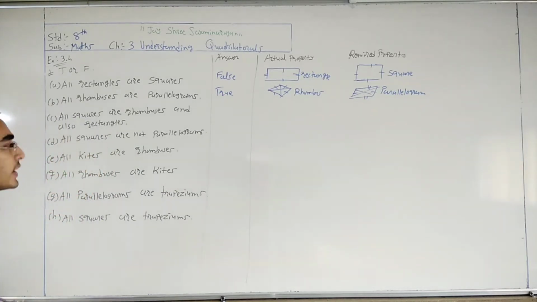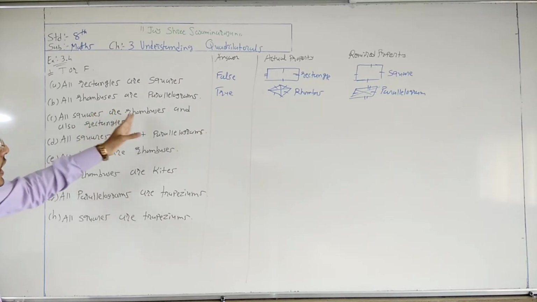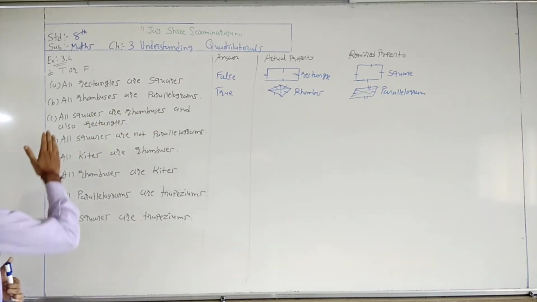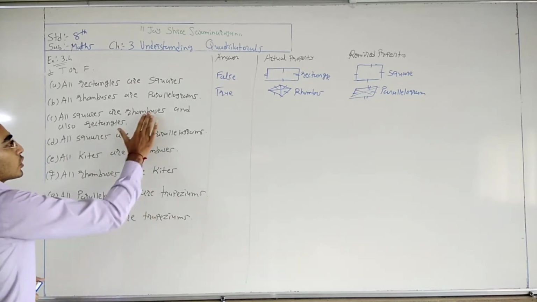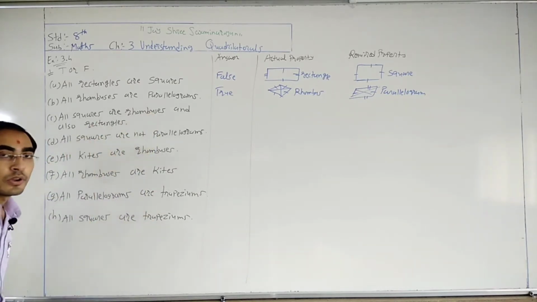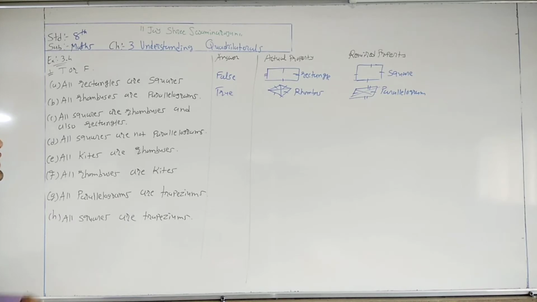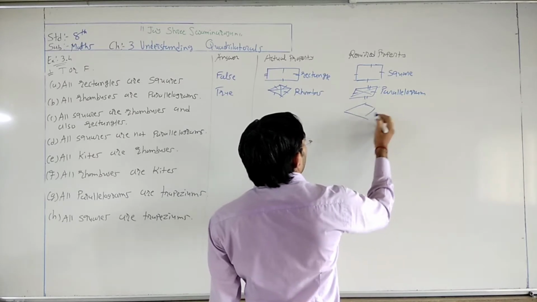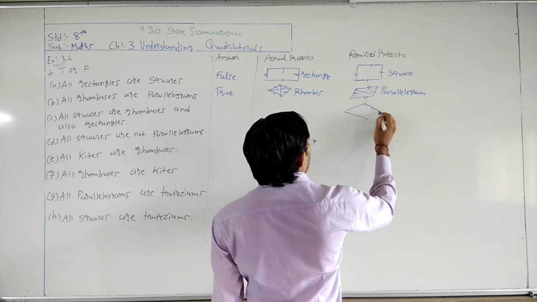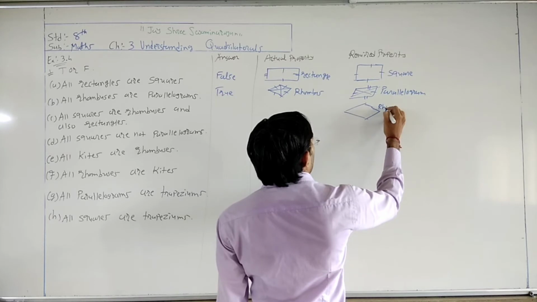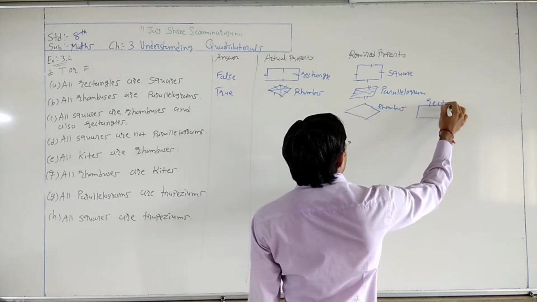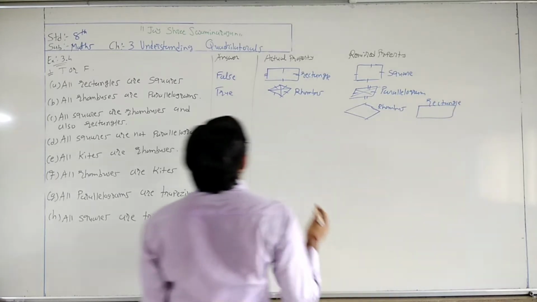Then number C. All squares are rhombuses and also rectangles. Here the required properties are rhombus and rectangle, and we have square.